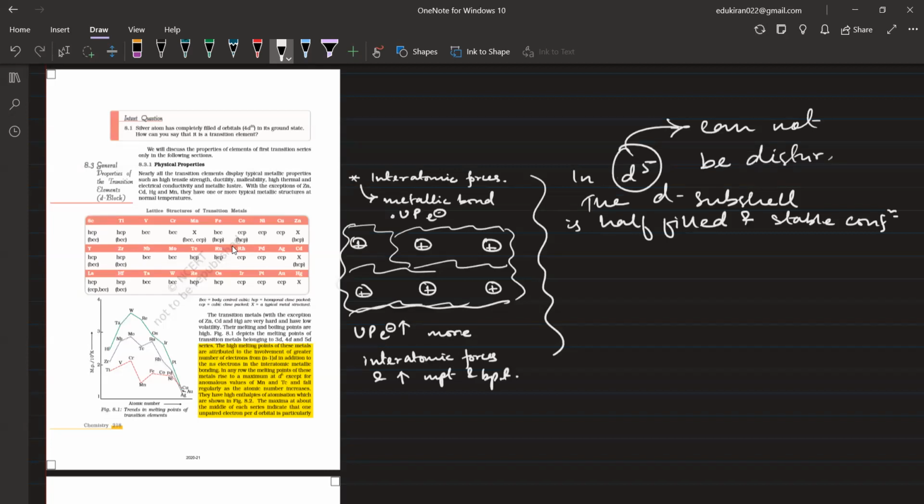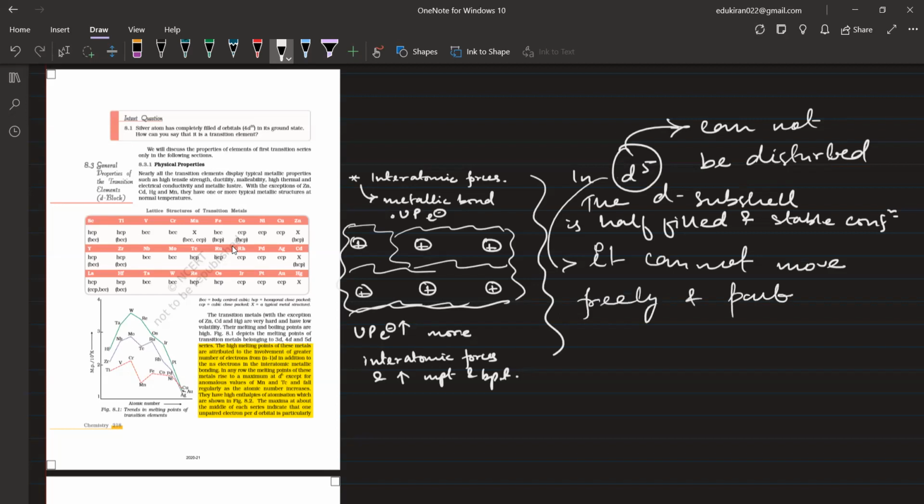Why can d5 not be disturbed? Because it has stable electronic configuration. d5 is half filled, which is stable electronic configuration. And if d5 cannot be disturbed, इसका मतलब क्या होगा? That means it cannot move freely and participate in metallic bond. ठीक है, इसी वजह से क्या होता है आपके पास?